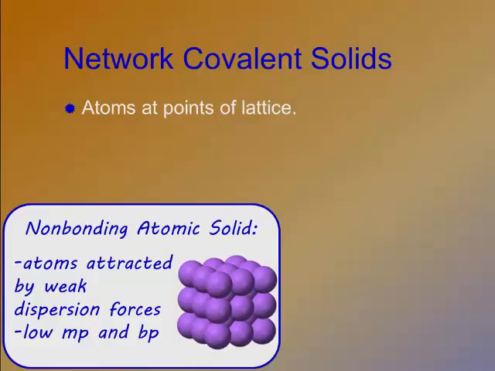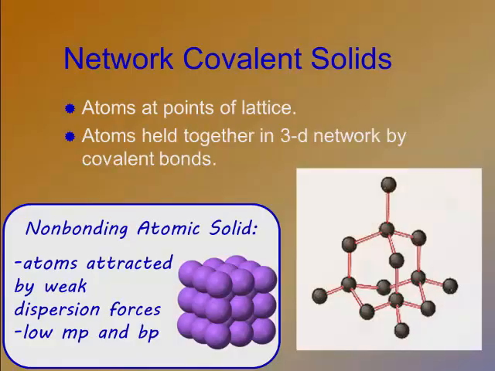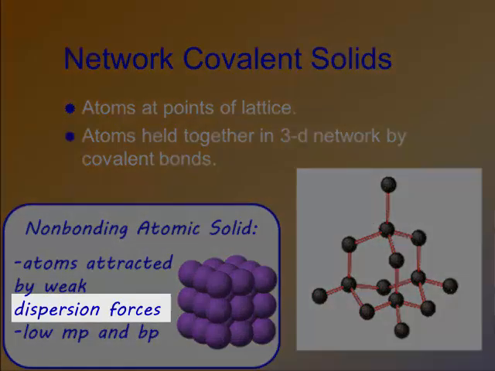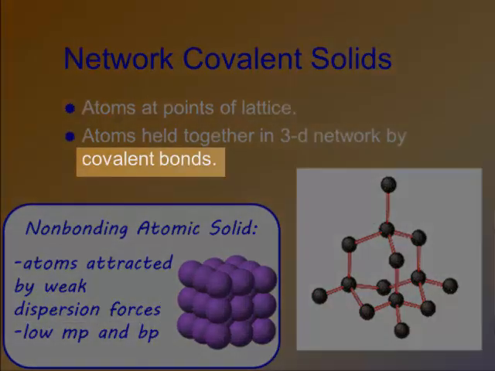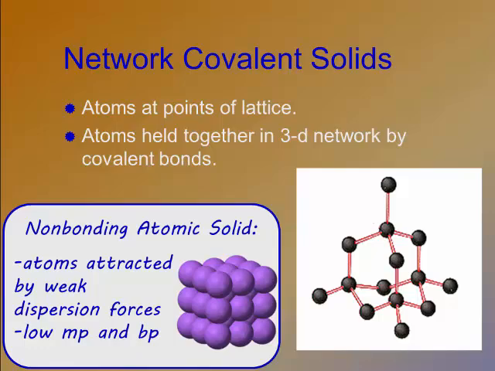A network covalent solid, like carbon in the form of diamond, is composed of atoms all bound to the next atom by a true covalent bond. The difference between dispersion forces and covalent bonds is huge. While non-bonding atomic solids tend to have low melting and boiling points, network covalent solids have very high melting points, almost 4,000 degrees Celsius for diamond.